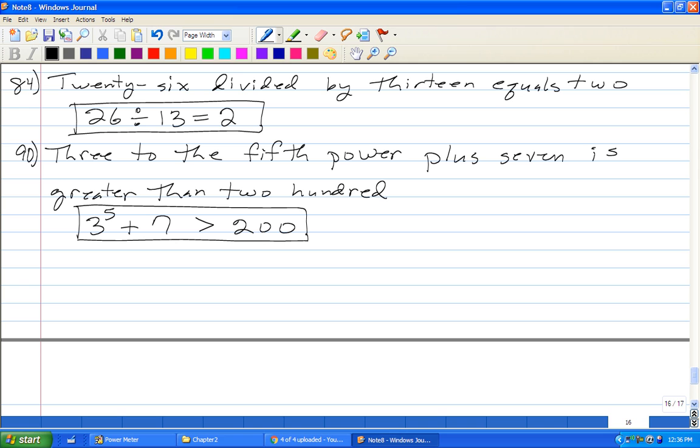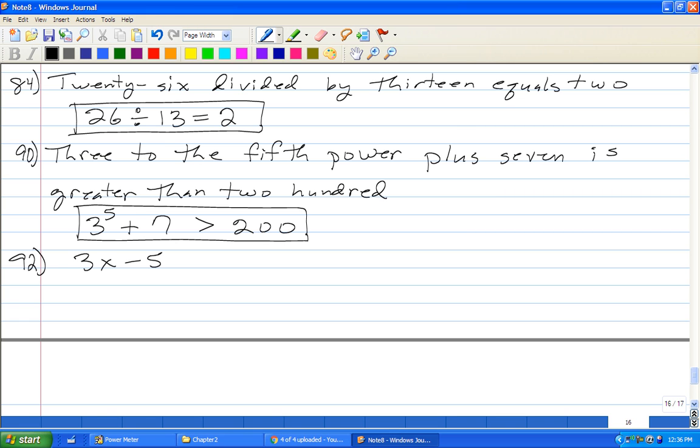Let me do problem number 92. 3x minus 5. Evaluate in exercises 91 through 98.